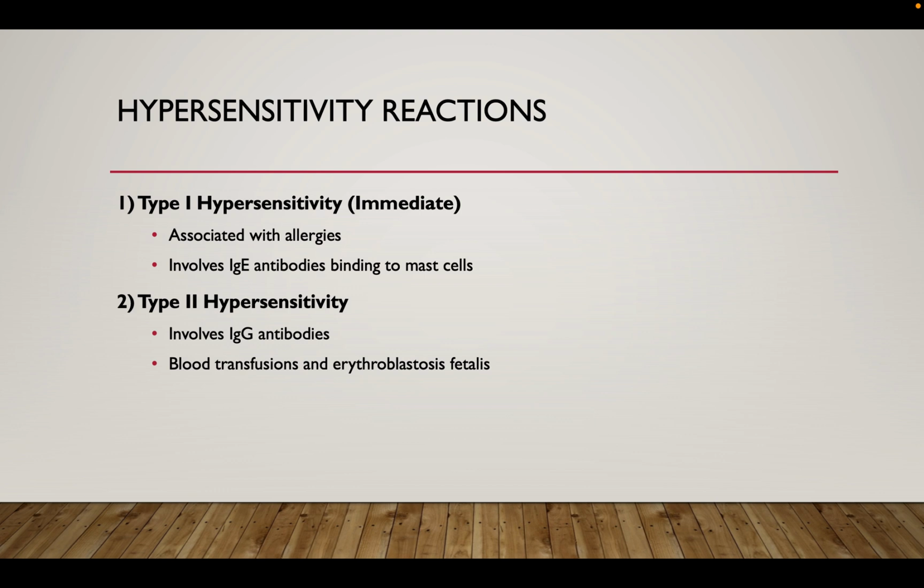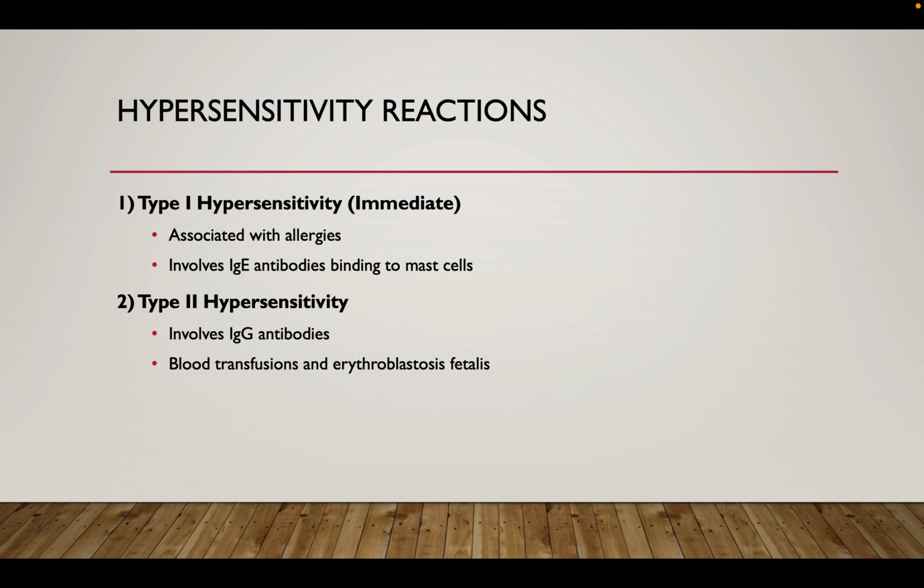When a mother is Rh negative and the fetus is Rh positive, there can be a mixing of blood sometimes between the two. And what will happen is the mother will develop Rh antibodies that will target the Rh positive antigen on the fetus's blood.